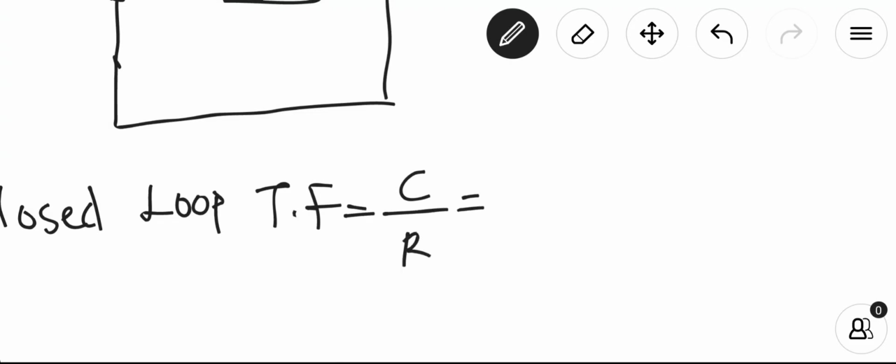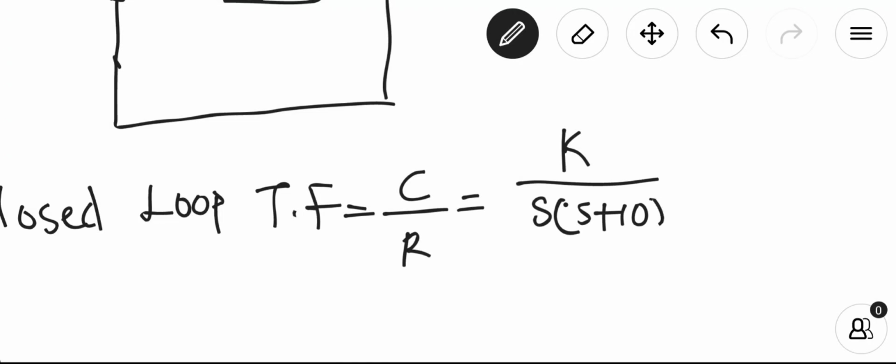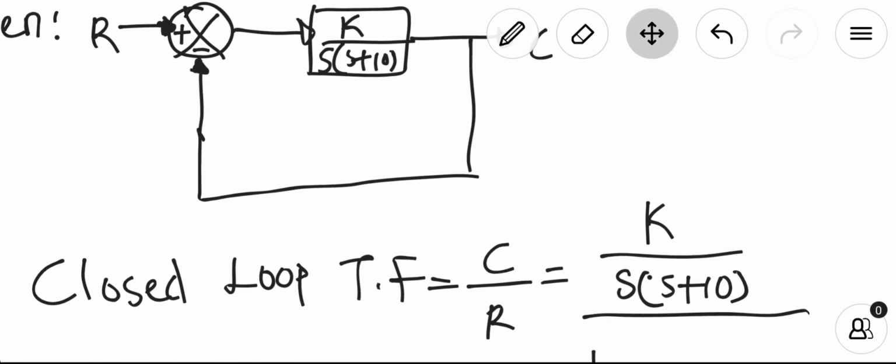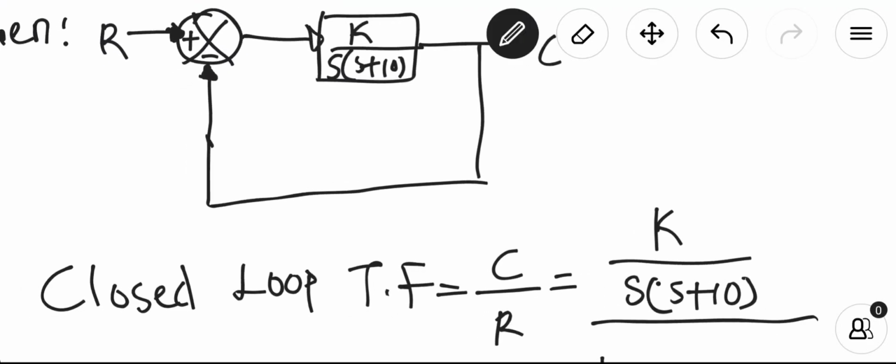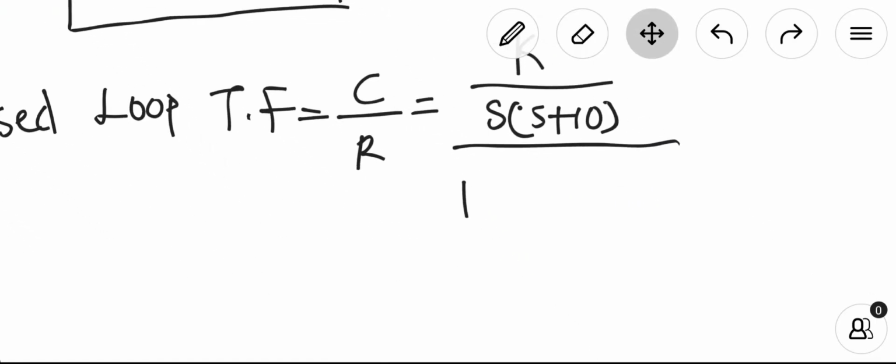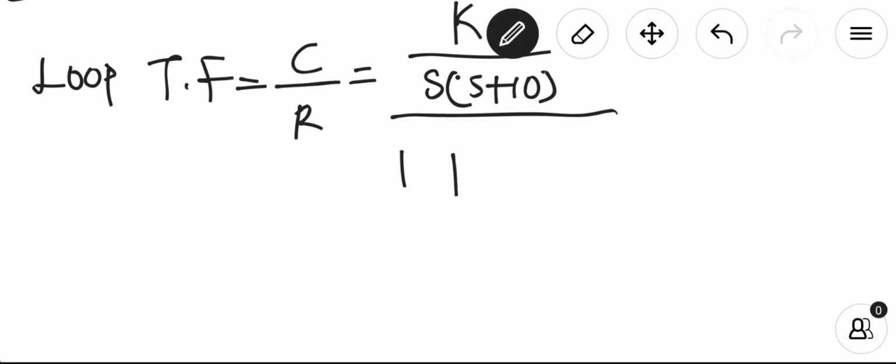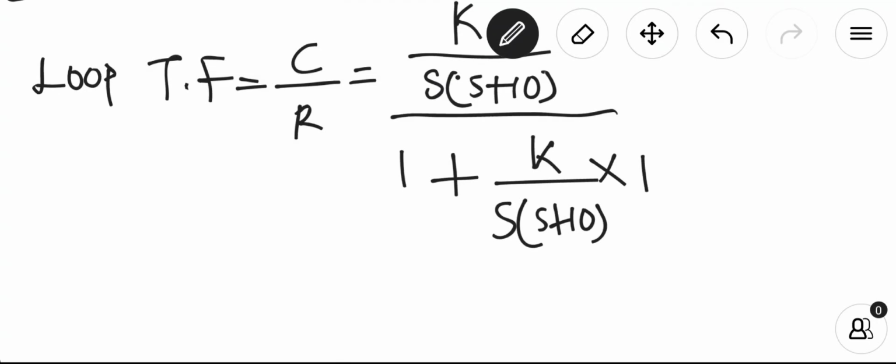C over R is equal to K over S plus 10, then divided by 1, and since the sign here is minus, your sign here becomes positive, and this will be K times 1, since it's a unity feedback.